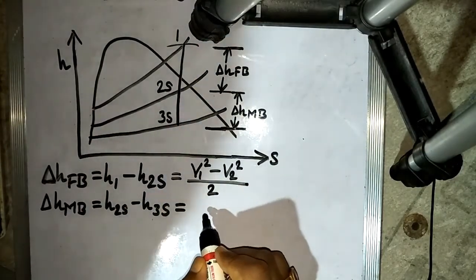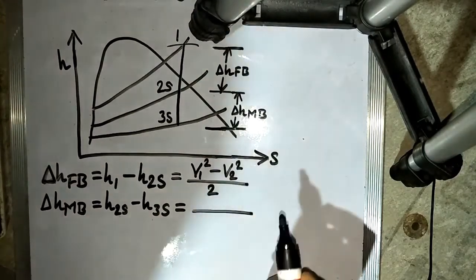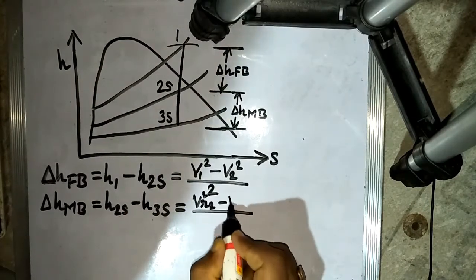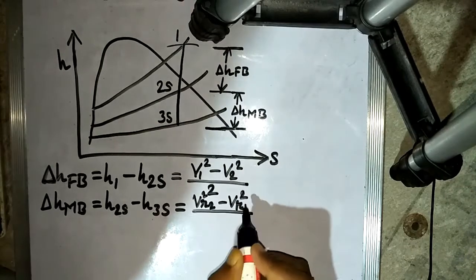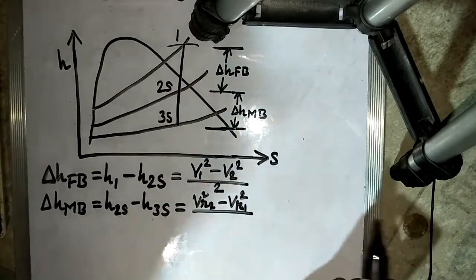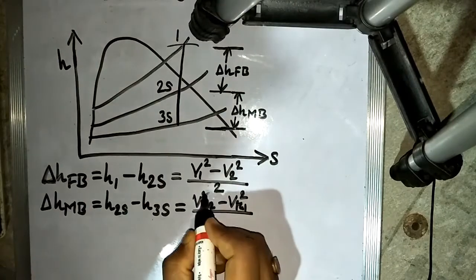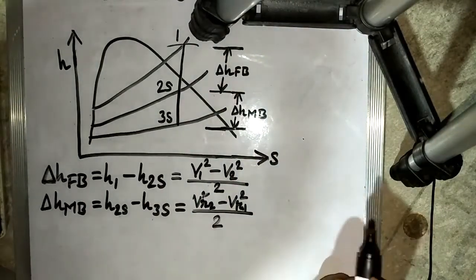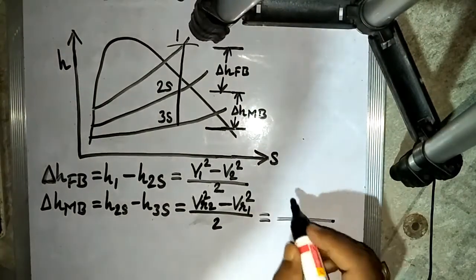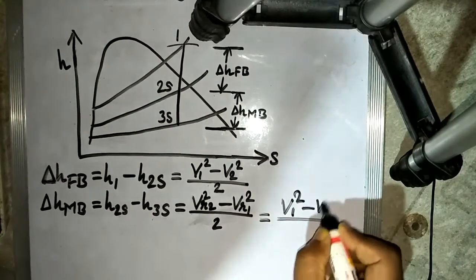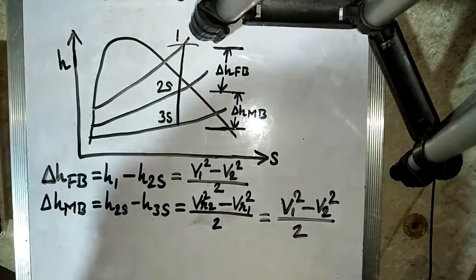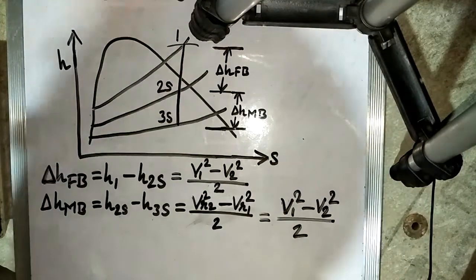That equals VR2 square minus VR1 square by 2, and that is obviously V1 square minus V2 square by 2, because from the diagram we know that VR2 equals V1 and VR1 equals V2.